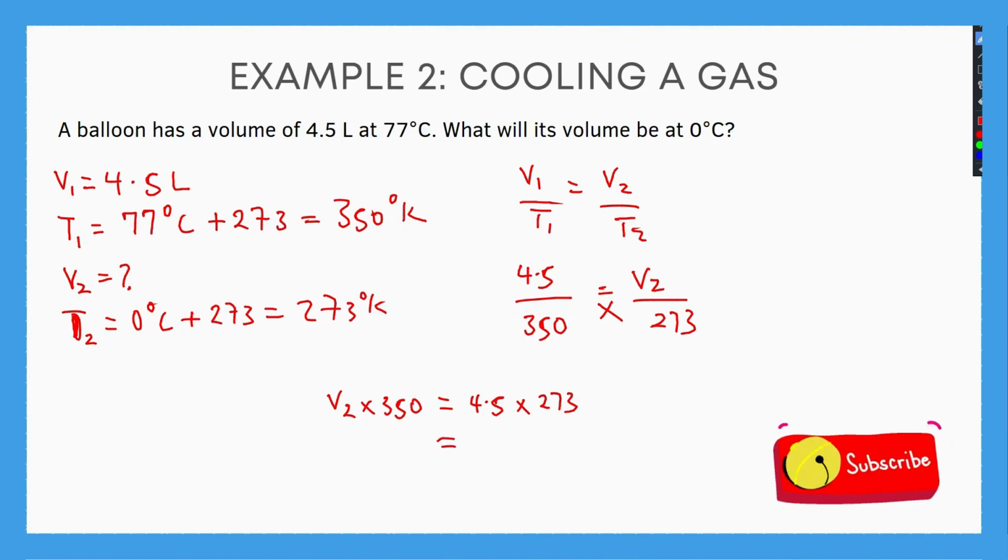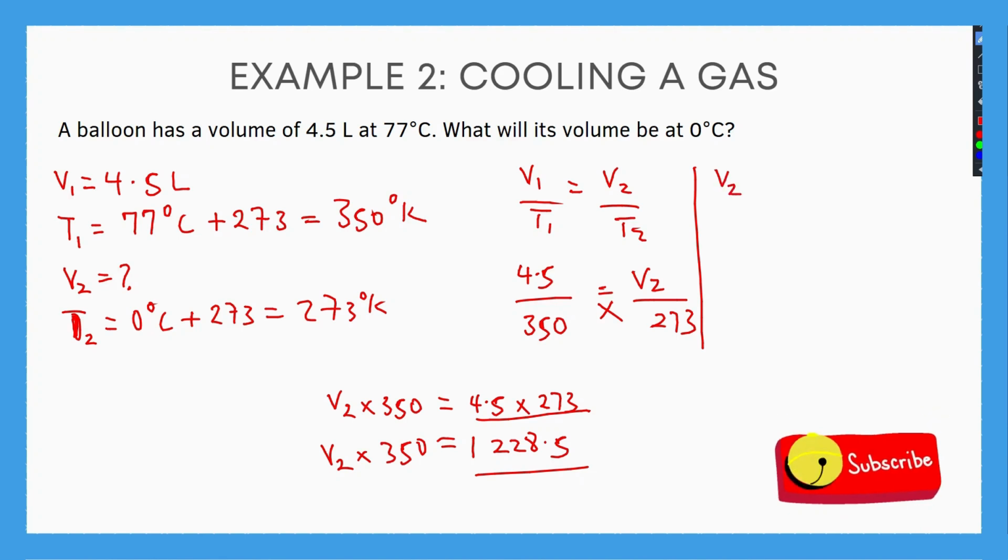So this multiplied by this, 4.5 multiplied by 273 is equal to 1228.5. So V2 multiplied by 350 is equal to 1228.5. So we can calculate for V2 by dividing both sides using 350.